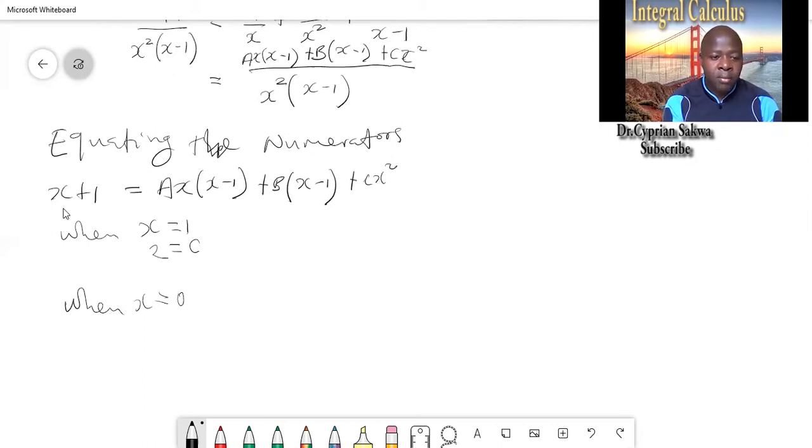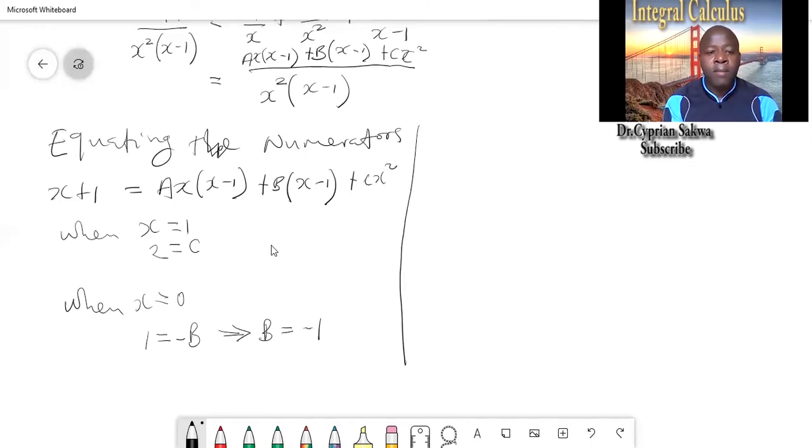So what happens to the left side? The left side becomes 1, because x is 0. So this part is 0, this part is also 0, and I have negative b. So b is negative 1.